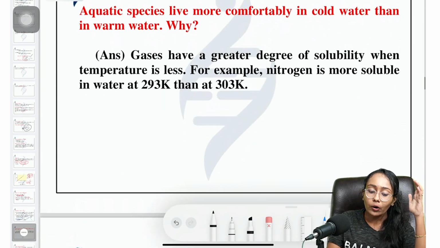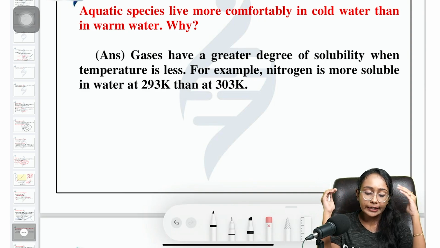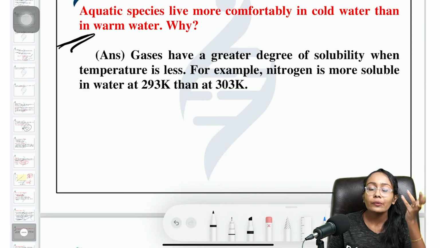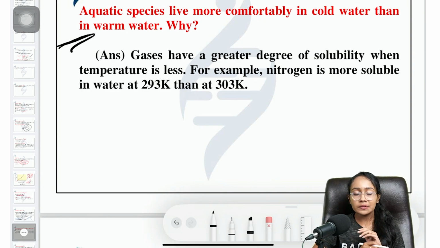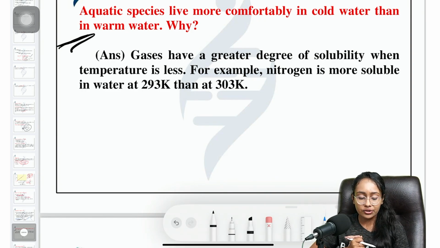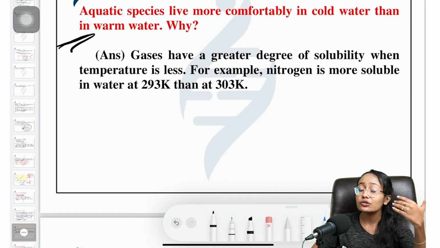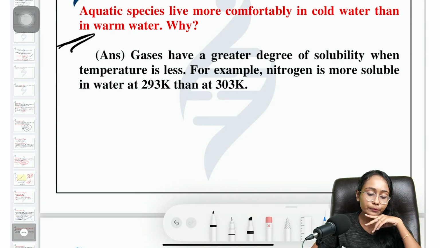Now, aquatic species live more comfortably in cold water than warm water. This is a question frequently asked in your board exam question papers. So tell me, why do aquatic species prefer to live in cold water than in warm water?